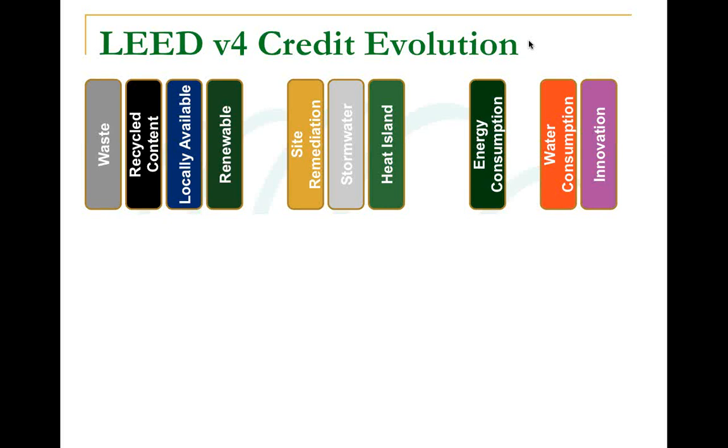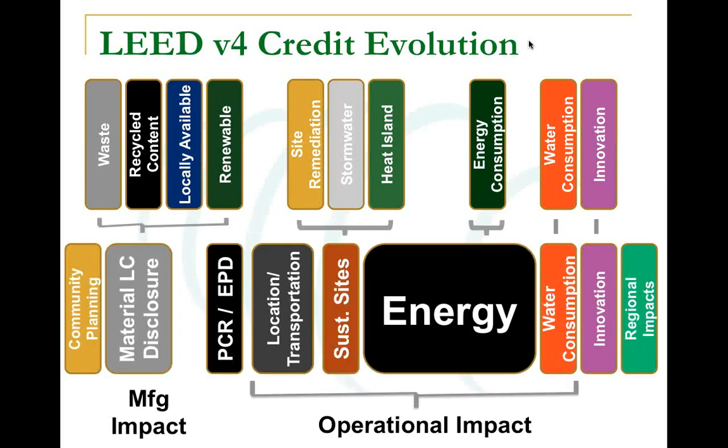But it's changing, and they are bundling many of these attributes into a sort of life cycle approach to their credits. A life cycle approach is, in fact, probably a little bit more difficult to achieve, but it becomes more fair in terms of evaluating the overall environmental impact of any product or building.